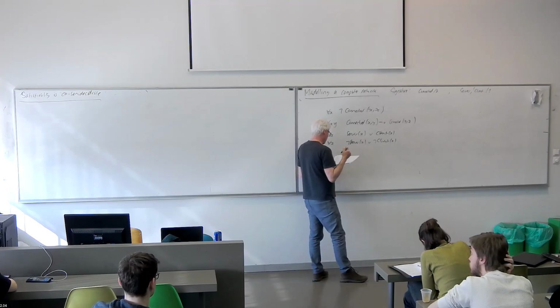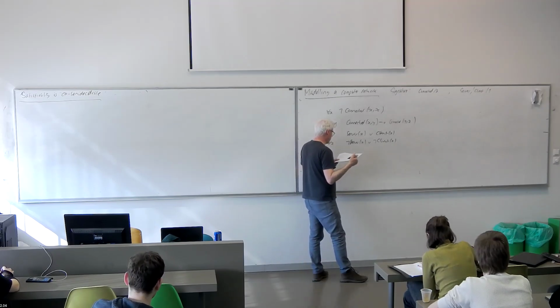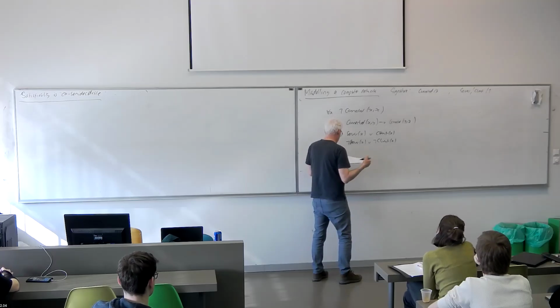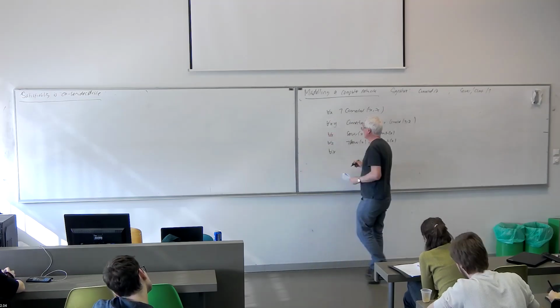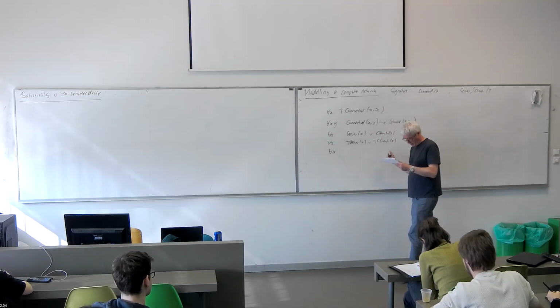And we're going to require that every server is connected to some client, and every client is connected to some server. So here we're making more substantial use of the quantifiers.